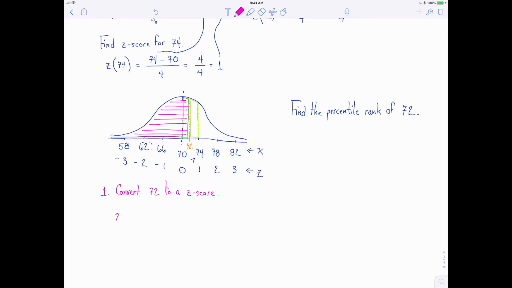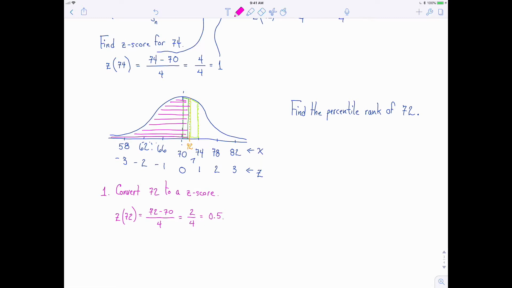So let's see, that's the z-score for 72. That's going to equal, sorry, that little 2 is kind of hard to see. Let's make that a good looking 2. So I would take 72, subtract 70, and then divide by 4. So 72 minus 70, that's 2, divided by 4, so that's going to be a half, or 0.5.